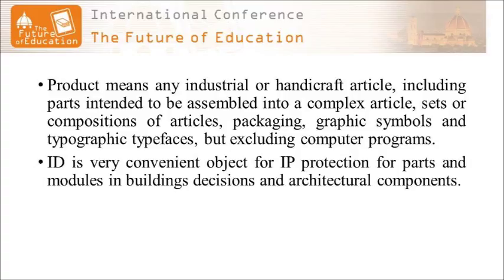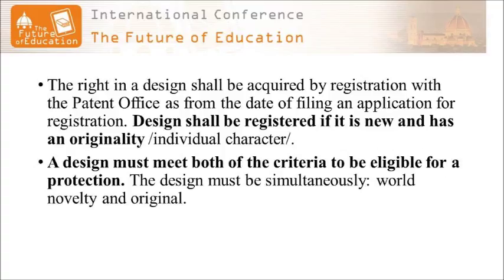Industrial design is a very convenient object for intellectual property protection for parts and modules in building decisions and architectural components. The right on a design shall be acquired by registration with the Patent Office as from the date of filing an application for registration.